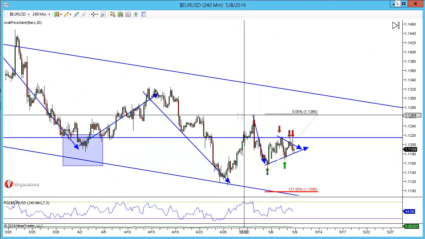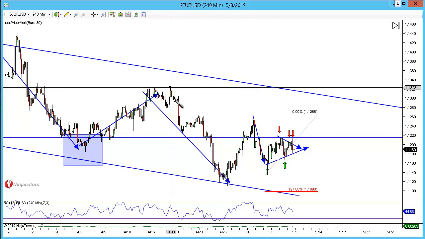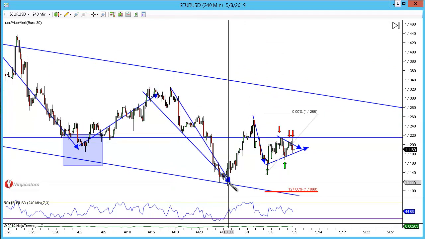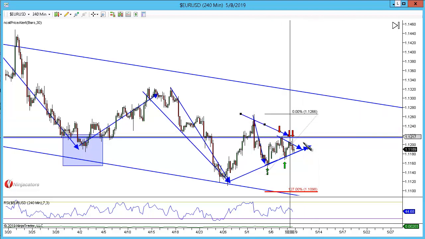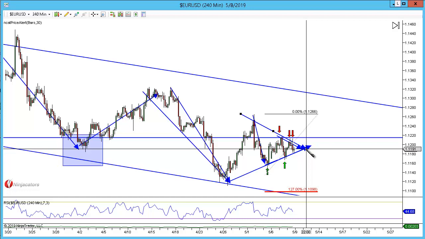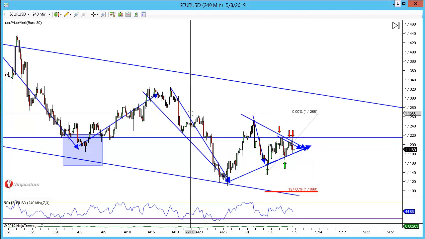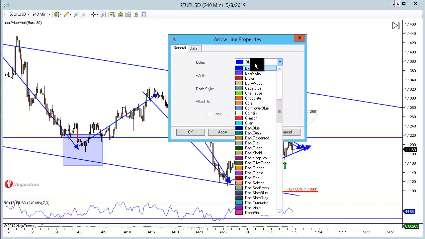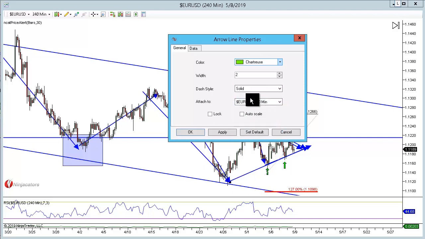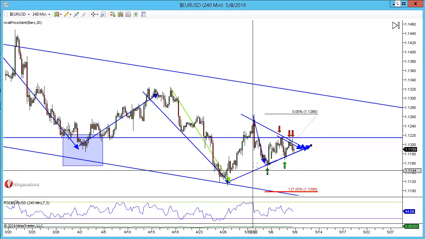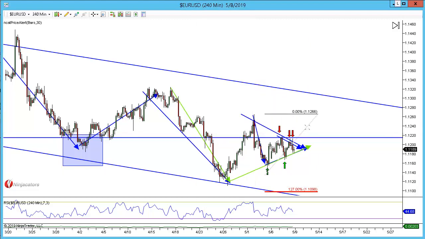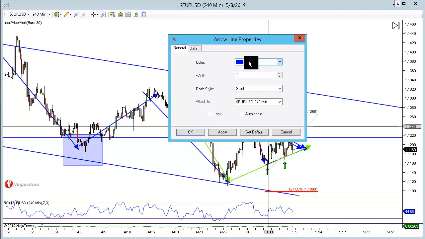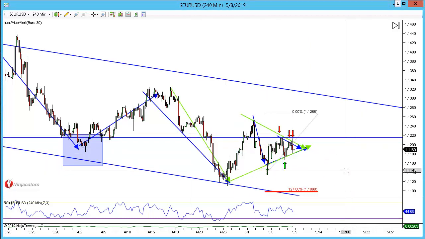There is just one other thing I want to point out, and if you take this swing here and then do this, and I'm just wondering, can I make these a different colour? Let's go and make those yellow. Don't know if that's the best colour to have. Nevertheless, we have a bigger wedge pattern inside of that with bigger extended targets.